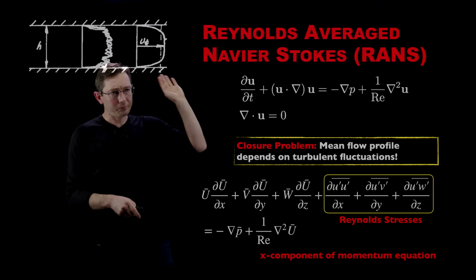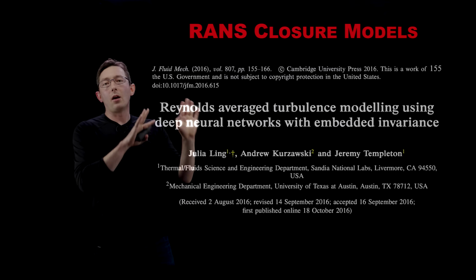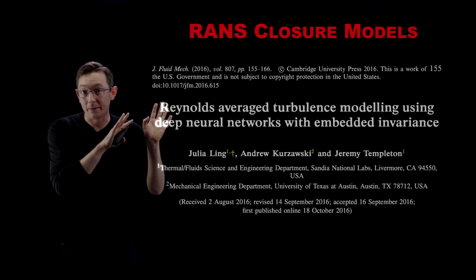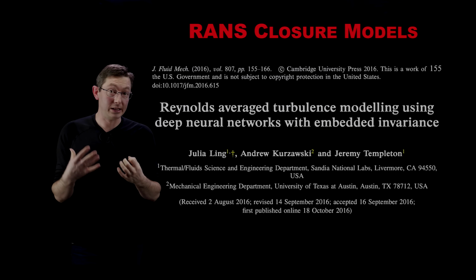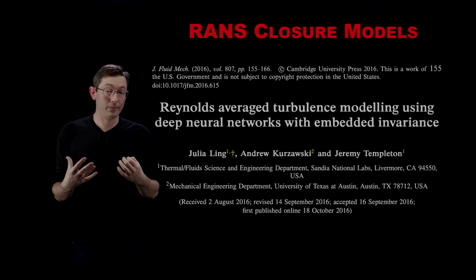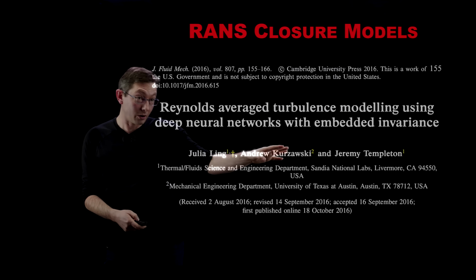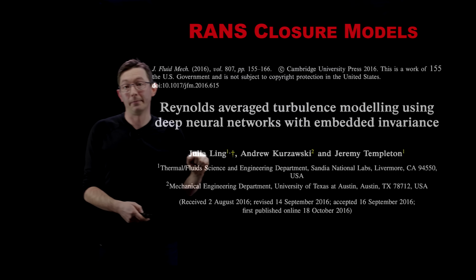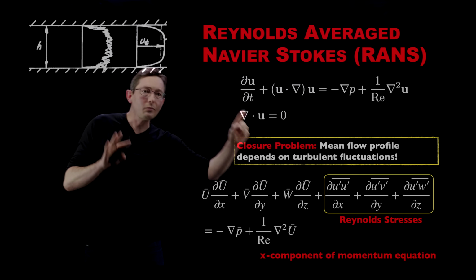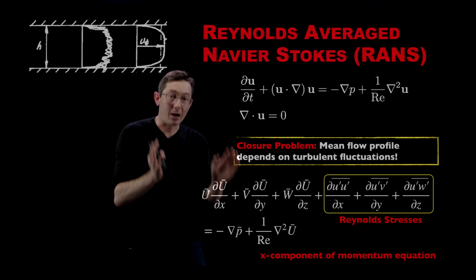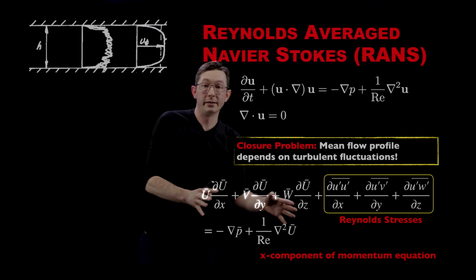Okay, so in RANS, again, our closure problem, one of my absolute favorite papers that uses deep learning to start to solve these RANS closure modeling problems is this paper by Julia Ling, Andrew Kurzowski, and Jeremy Templeton. So let me just go back here to this RANS equation. There are lots of approximations for these Reynolds stresses in terms of bulk quantities in the flow.